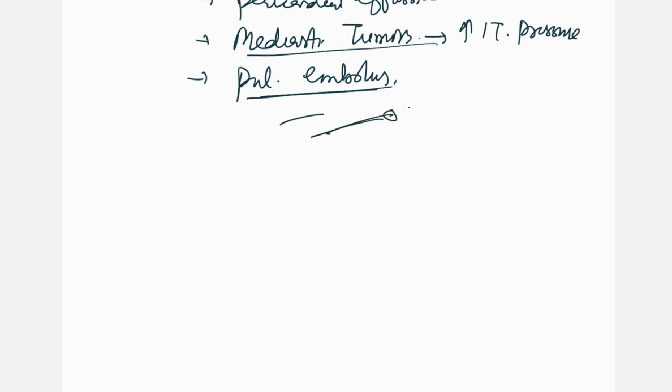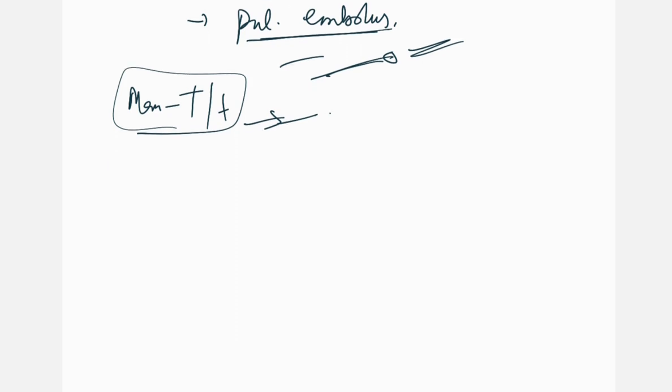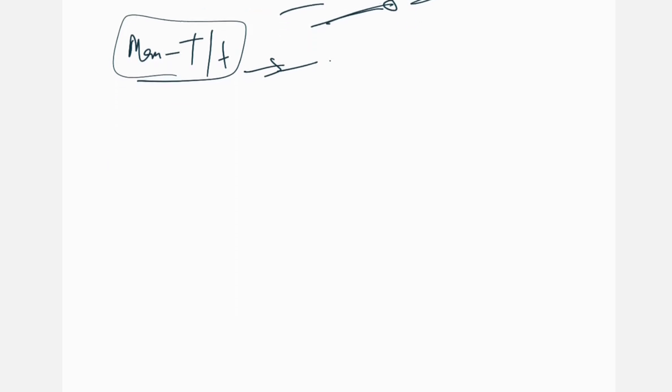So this was the brief discussion about the types of shock, the shock classification. Regarding the management or treatment of the patient with shock, you can study that part in medicine, pathophysiology or pharmacology.